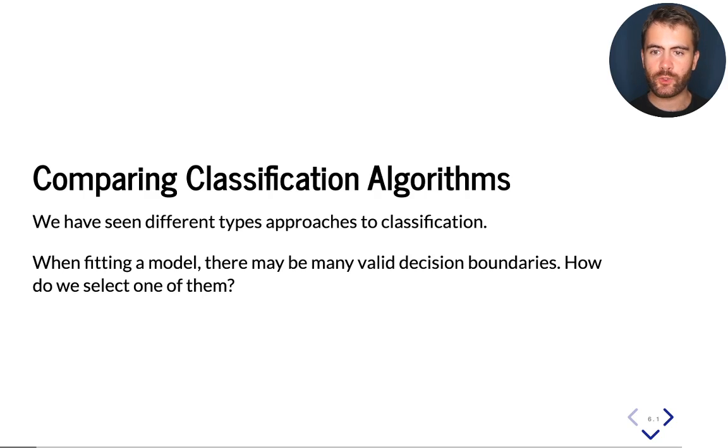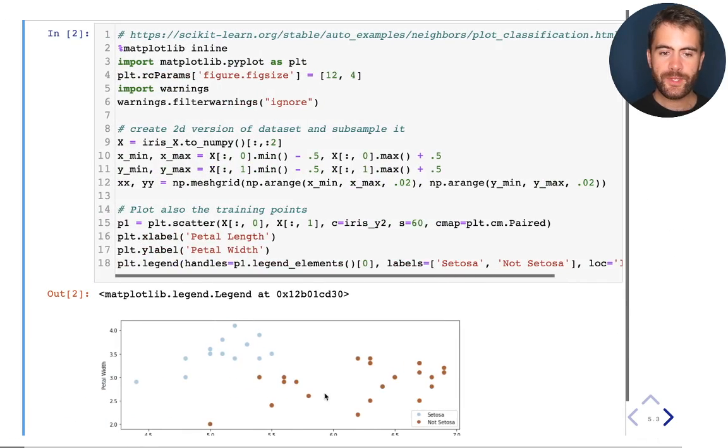The question that I would like to pose in order to motivate the derivation of the SVM algorithm is, how do we determine which of these boundaries is the best one? In particular, in the example that I just showed you, these two classes are linearly separable.